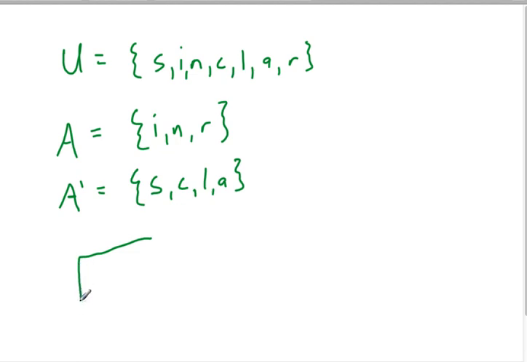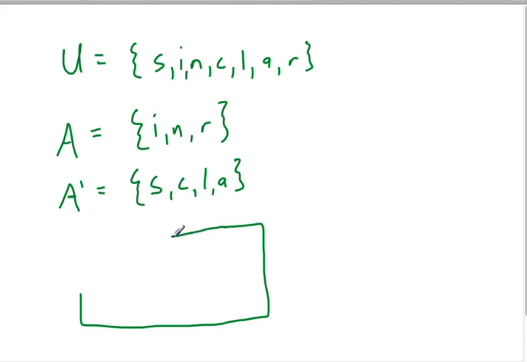And if we were to draw a Venn diagram of this, now this is a Venn diagram that only has one circle in it. We've done more complicated ones before, and we could do that again. But for this case, we don't really need too much of a complicated issue here.